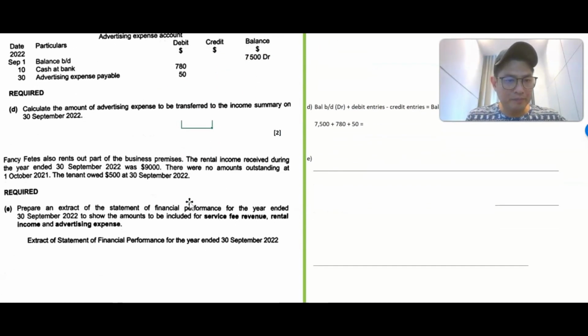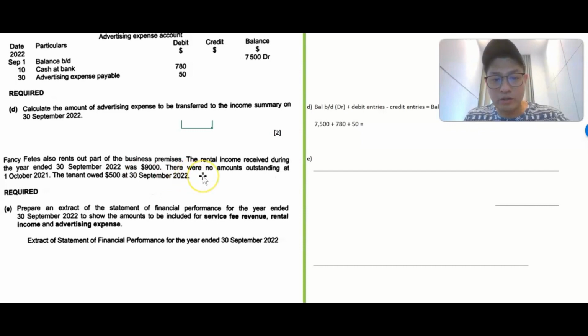Next, part E. The business also rents out part of their premises, right? And they have a bit of rental income here. As of the end of the year, the rental income received is 9,000. But the basic assumption in this question is, whatever you receive is not necessarily what you have earned, right?